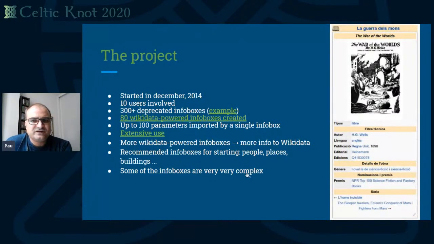And some of the Infoboxes are very, very complex. I'll show you next, because there is not only a single translation of statements from Wikidata to Wikipedias, but sometimes we generate more information.